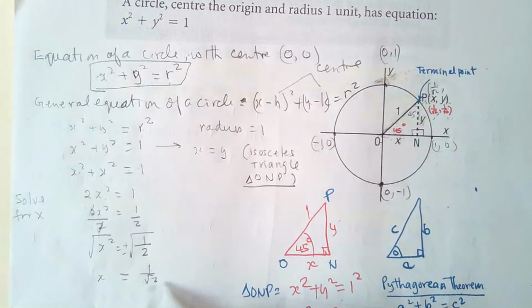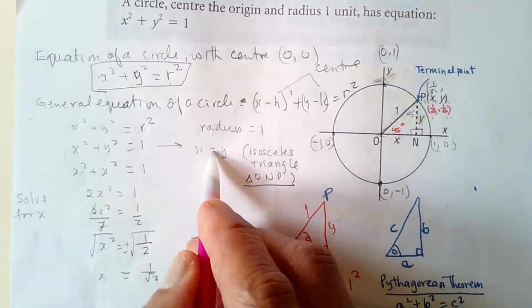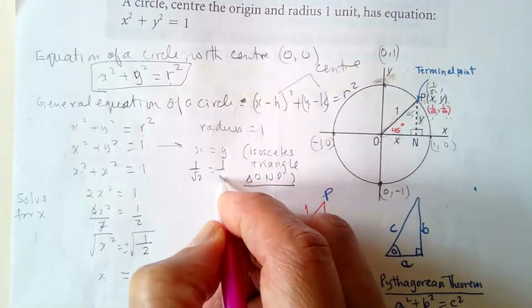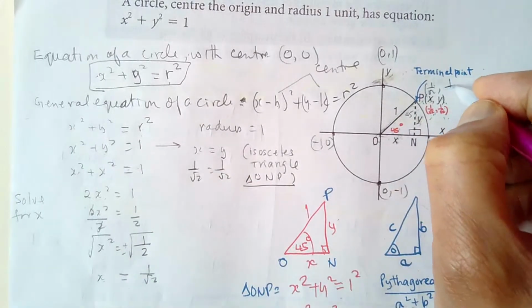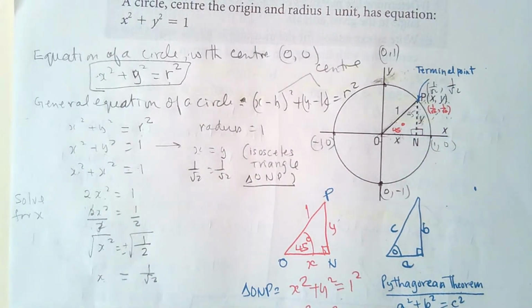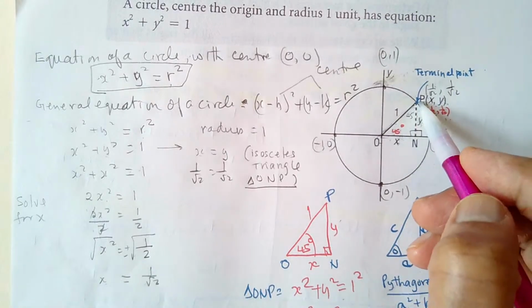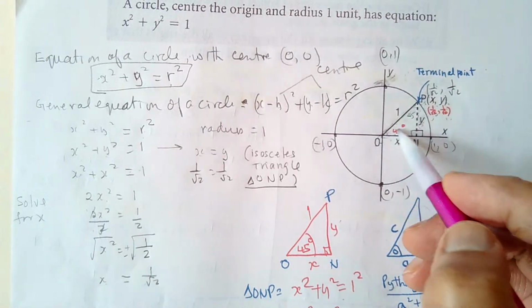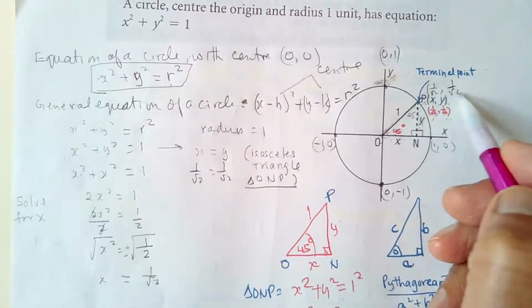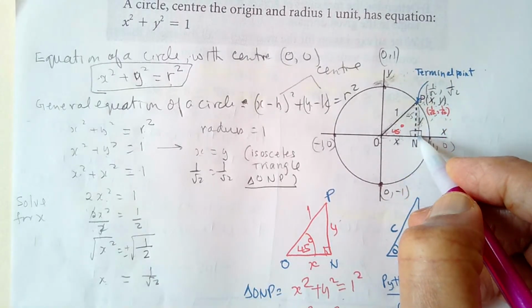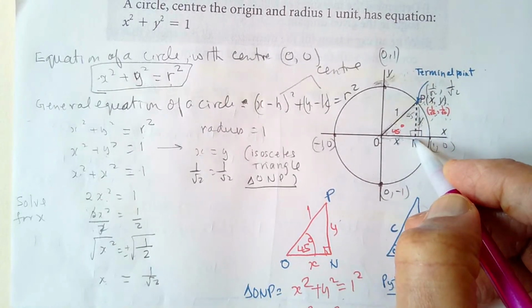y is equal to x. If y is equal to x, and x is 1 over root 2, therefore y is also 1 over root 2. So here we have this triangle at 45 degrees, and this point here is 1 over root 2, 1 over root 2. So in other words, y is 1 over root 2, x is 1 over root 2.